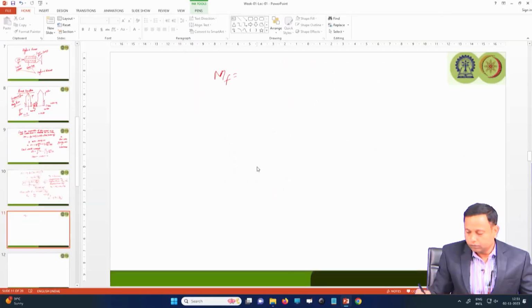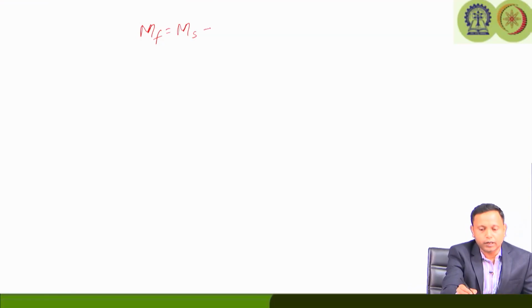Now, let us recall some of the other parameters we already learned with respect to the rocket. The final mass is the mass of the structure and the useful mass or the payload mass, whereas the initial mass was given as the total mass mu plus ms plus mp.